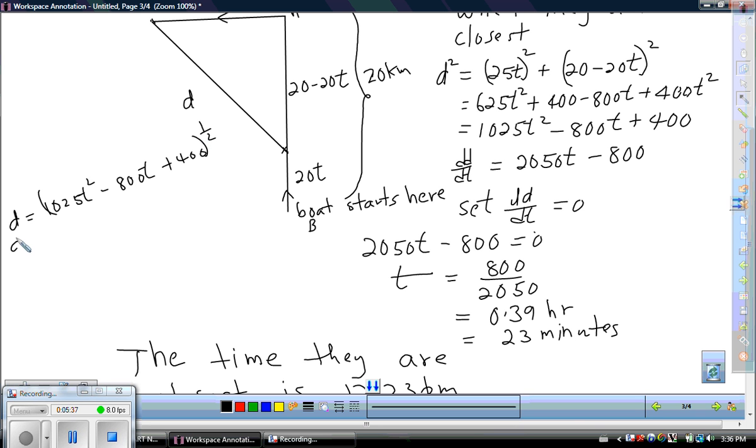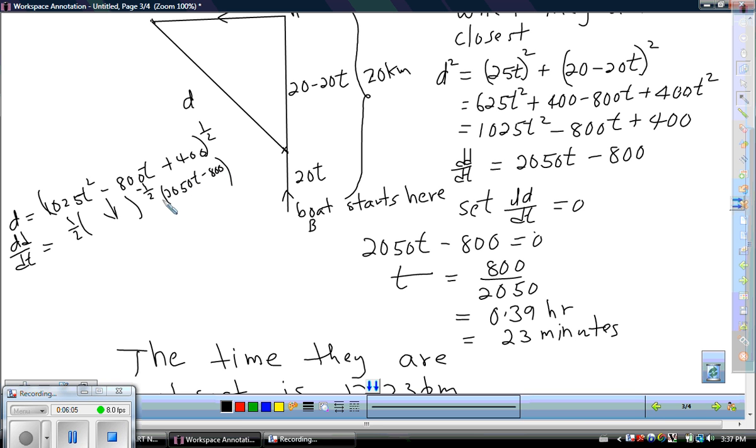So I differentiate, and I have dD/dt is equal to 1/2 of this expression to the negative 1/2 and the derivative of what's in the bracket, which would give me 2050t minus 800.